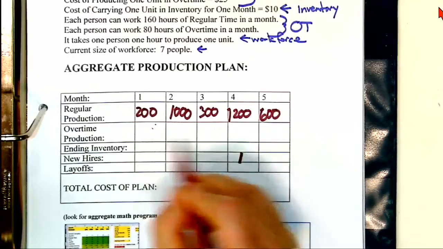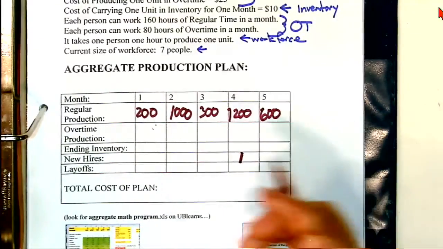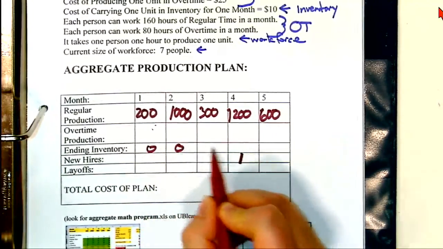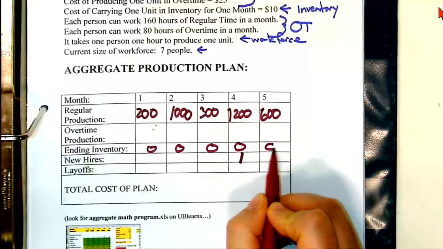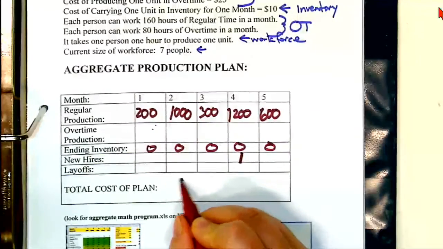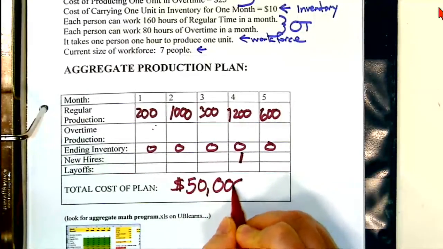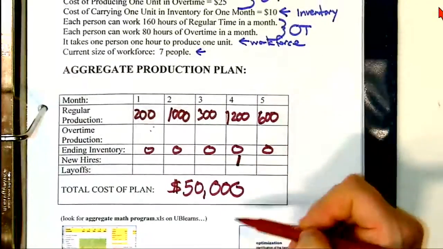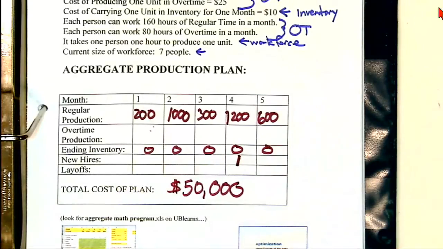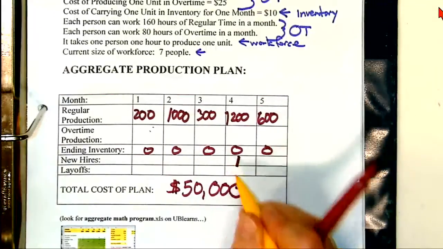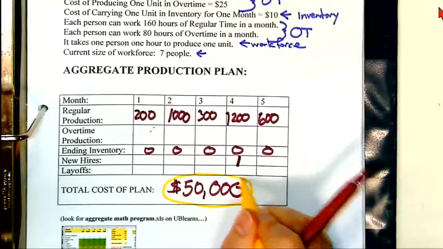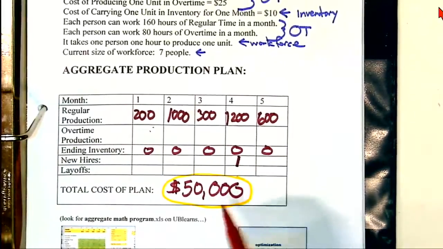We don't have any overtime. It didn't use any overtime. And notice we don't have any ending inventory. The total cost of the plan, according to Solver, you could fiddle with all those options listed above in the spreadsheet, and you cannot beat this number. It's just a flat $50,000 to cover the next 6 months.